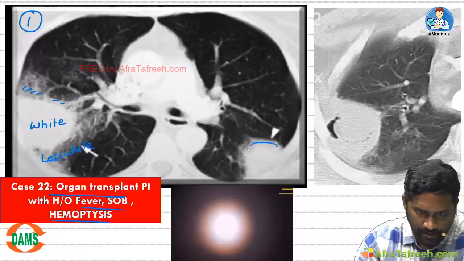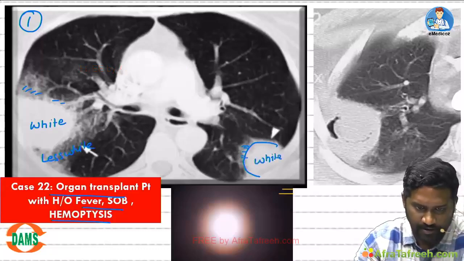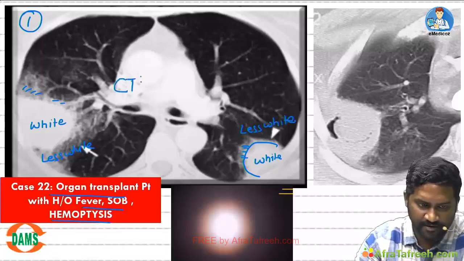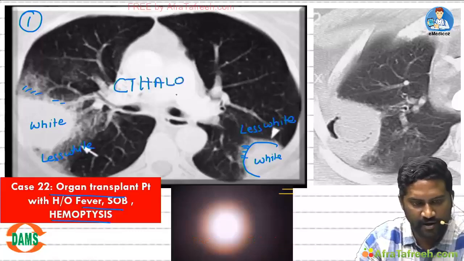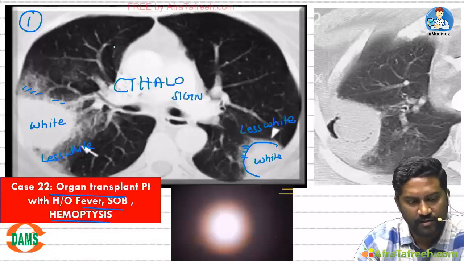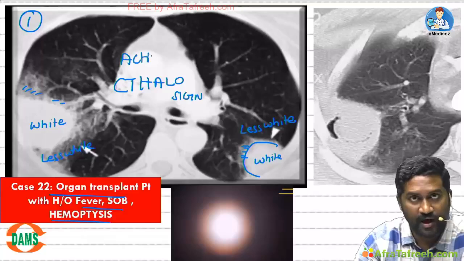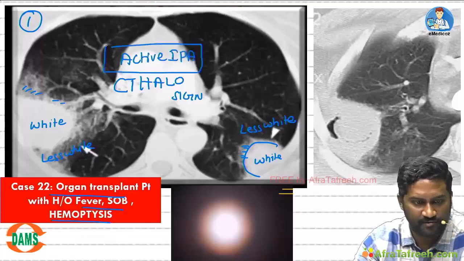Here also this is white, around that less white. Such a phenomenon is called CT halo sign. This is suggestive of active invasive pulmonary aspergillosis.